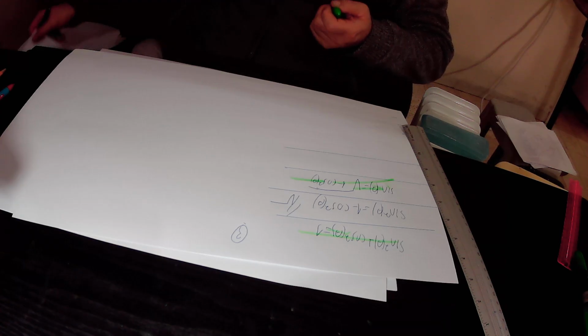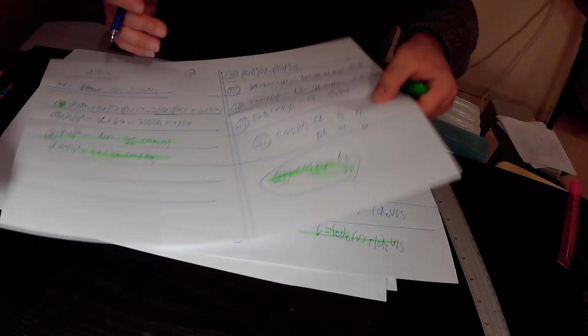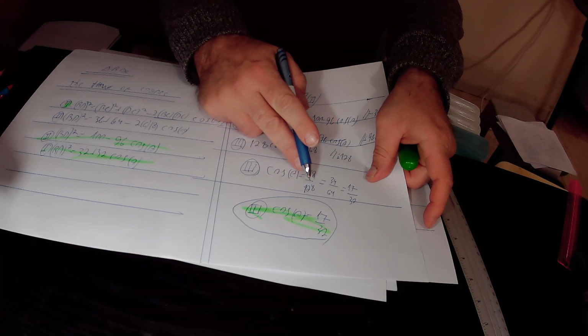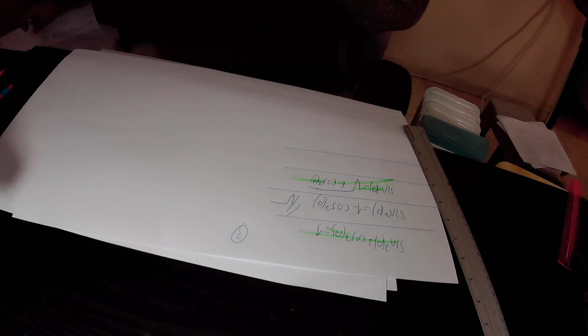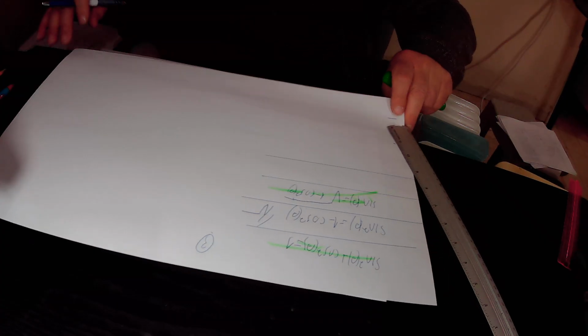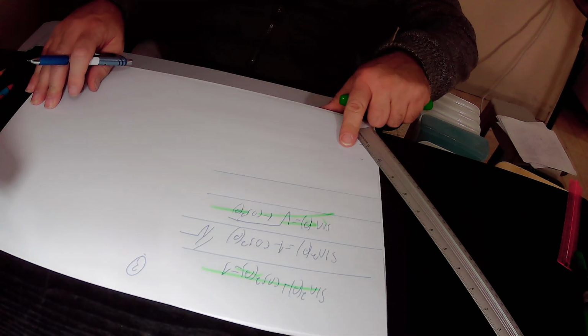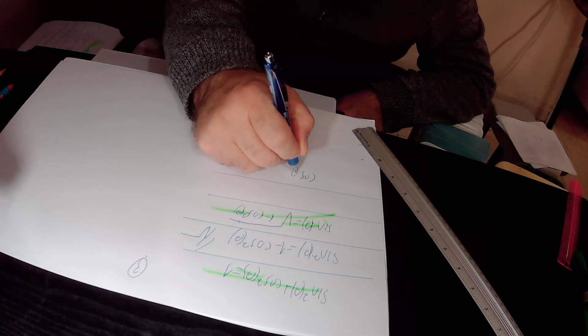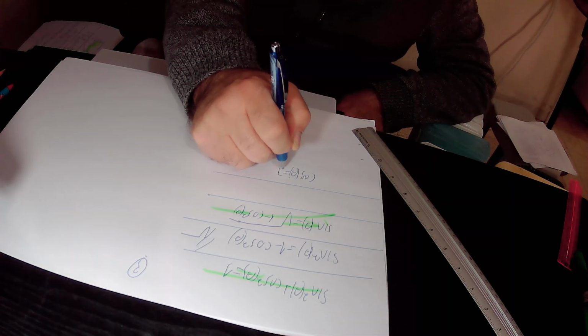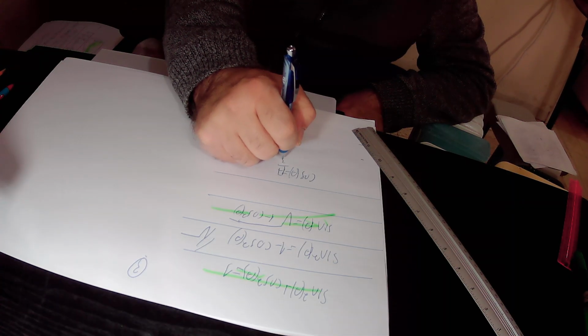We have already found out that cosine theta equals 17 over 32.